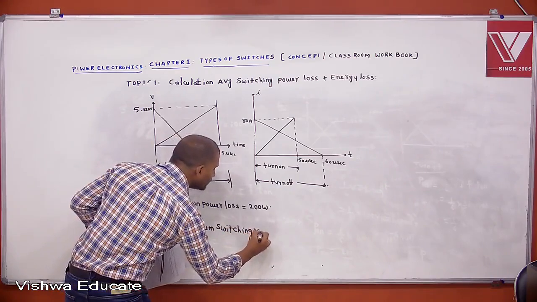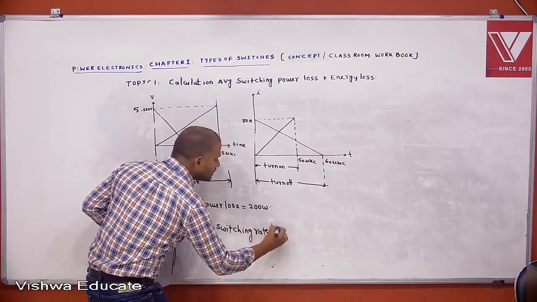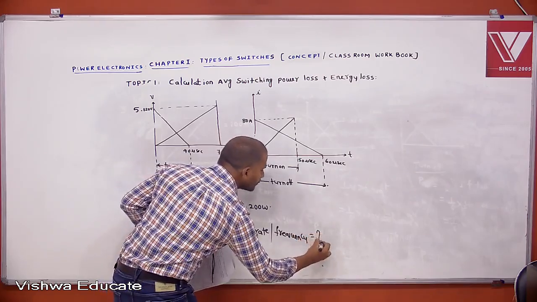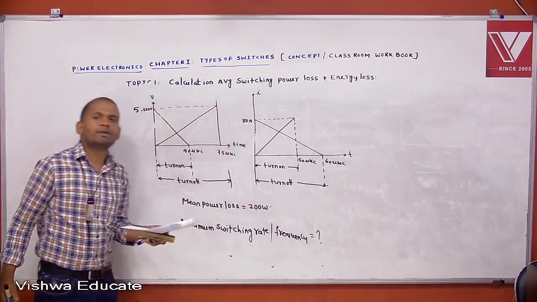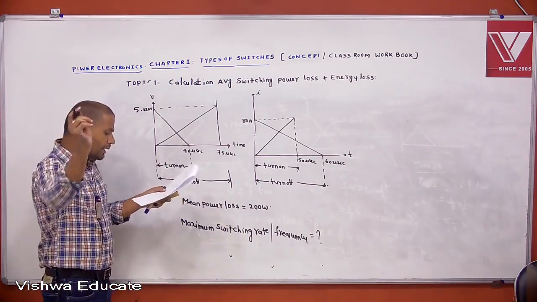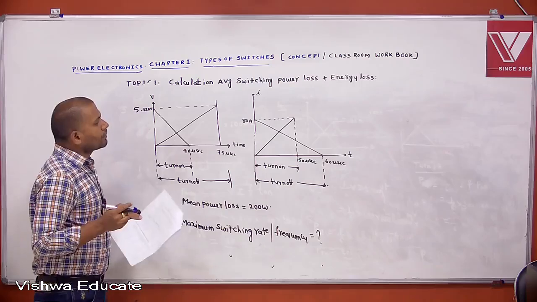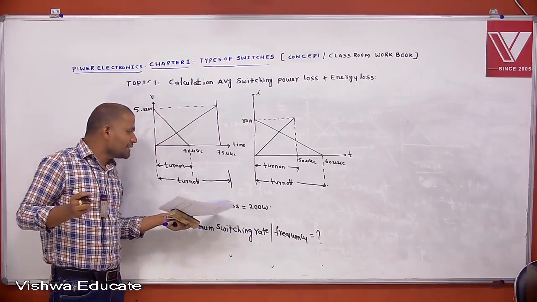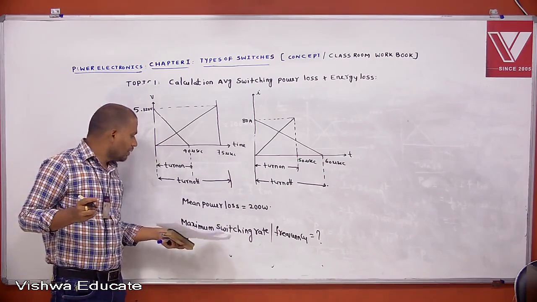The switching rate or frequency is the question mark. Okay. Now, first power loss is given, frequency is asked.